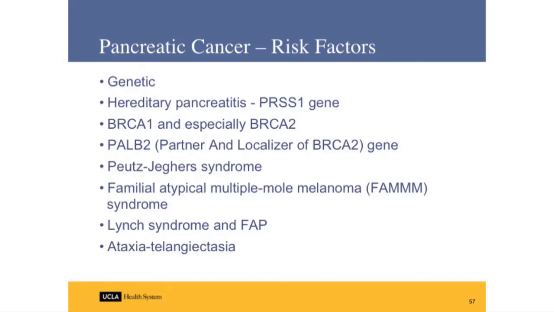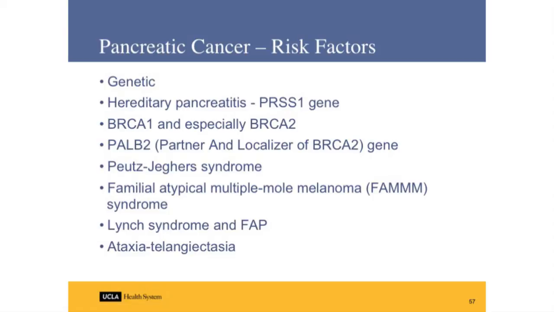So the risk factors are mostly genetic for pancreatic cancer. If you have a family member with pancreatic cancer, your risk is about 1.5 to 3 times that of the general population. There are some patients who have hereditary pancreatitis.